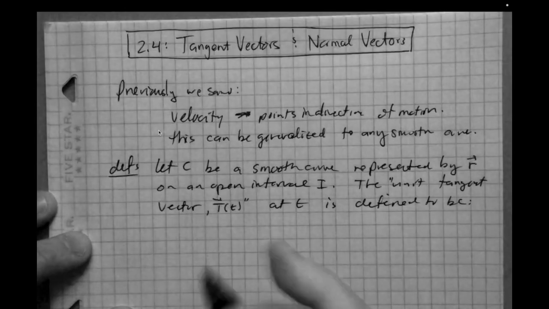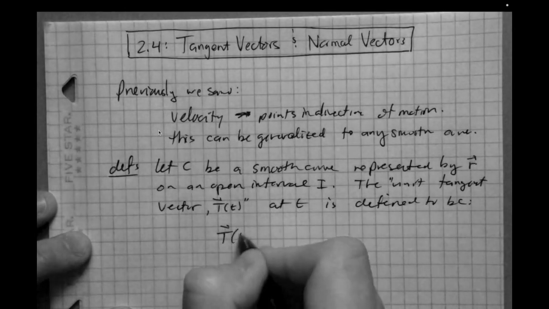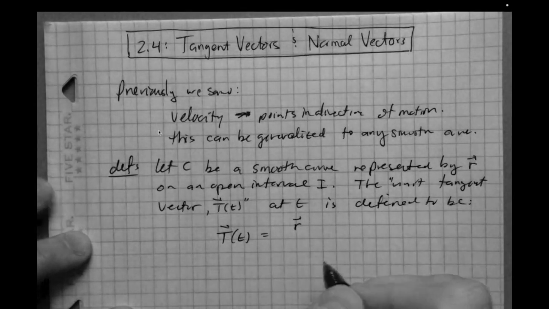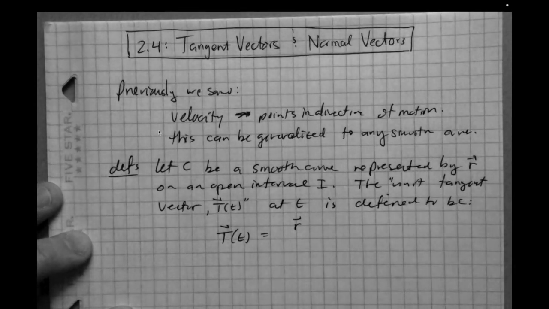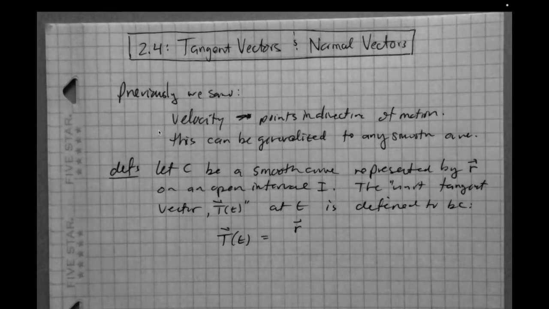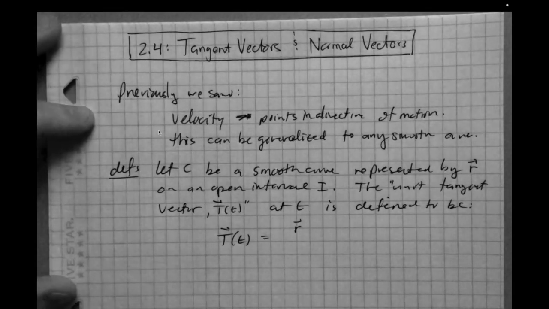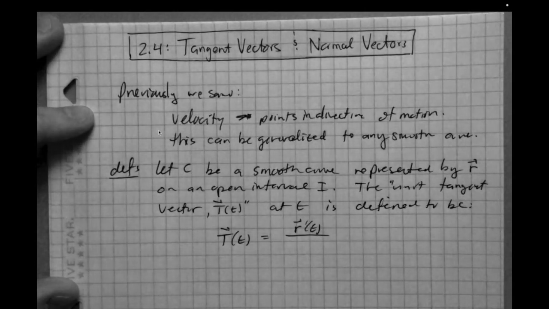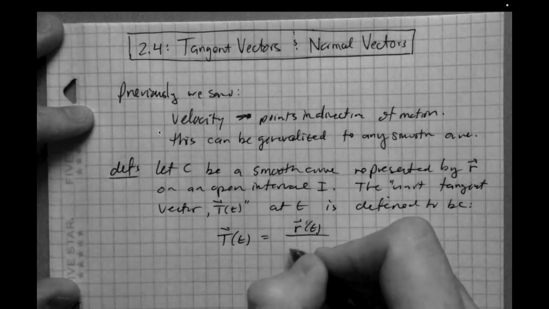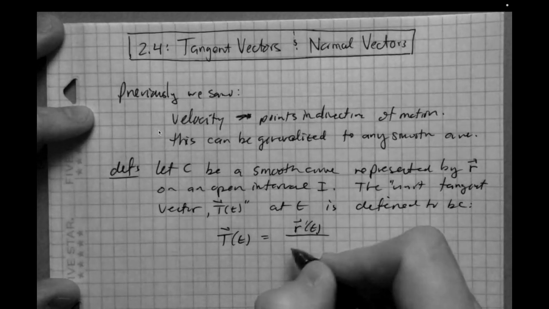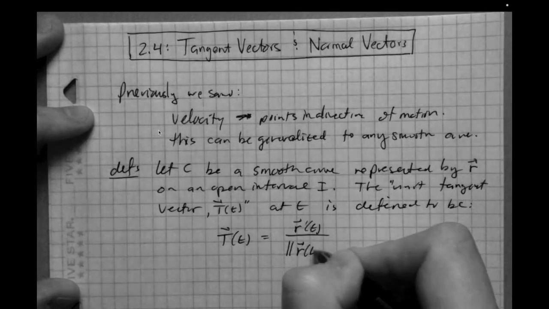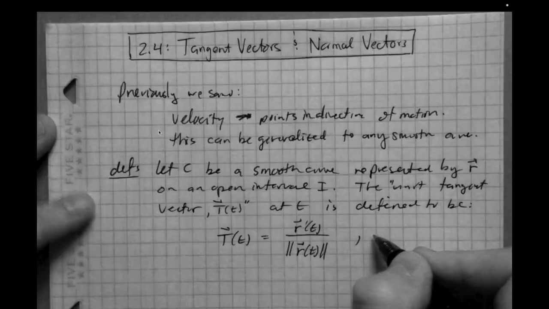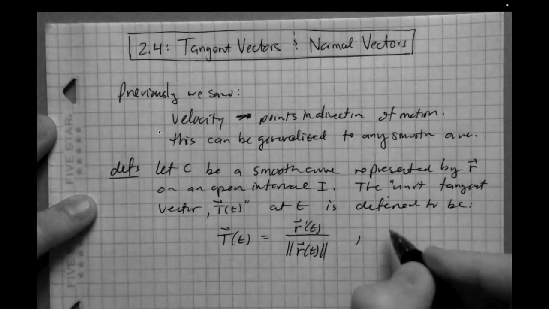how would we calculate it? Well, T of t is equal to, you take the position vector, the vector-valued function of interest, position vector if we're talking about physics, you differentiate it, you take the derivative of the vector-valued function and divide by the norm of r prime of t, where obviously r prime of t is non-zero.